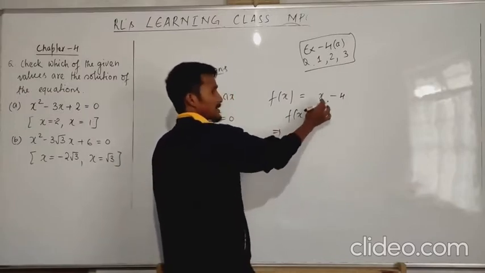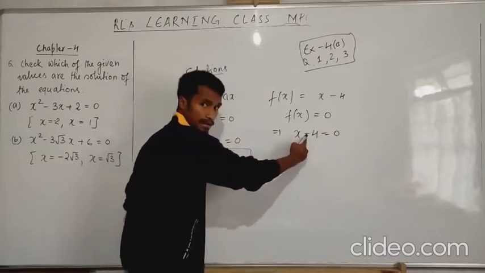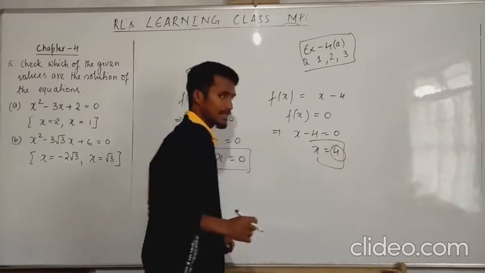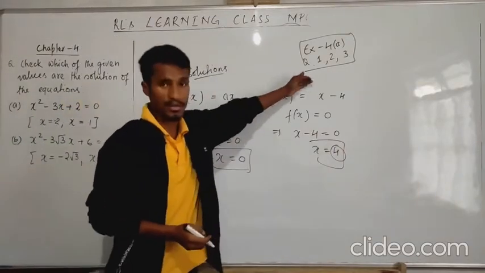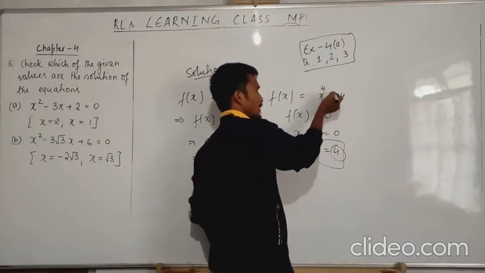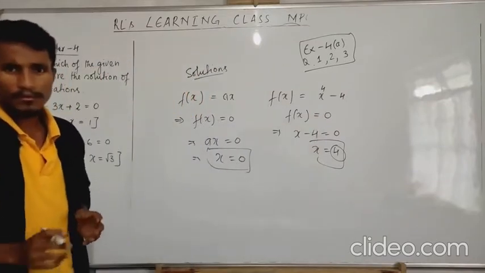Then f of x is x minus 4, so you get x minus 4 equal to 0. Then I take this minus 4 to the other side and it changes, so x is equal to 4. Then 4 is the solution of this equation. If I put 4 in place of x, then 4 minus 4 becomes 0.